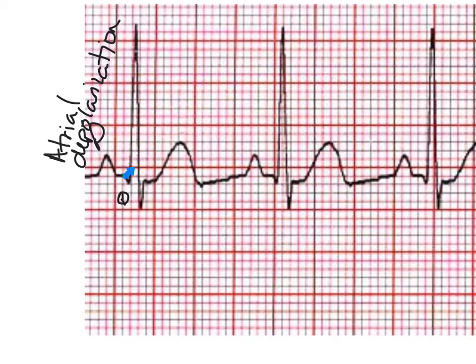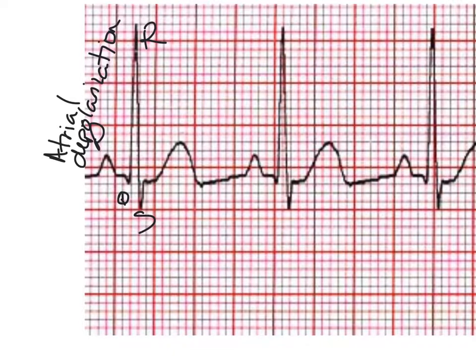Most of the time you'll see him as the biggest wave. But he is my R wave, so I'll label him like that. And then I'm going to make my way down here, and this R wave then becomes a negative S wave. These three, the Q, the R, and the S waves, are going to form the QRS complex.